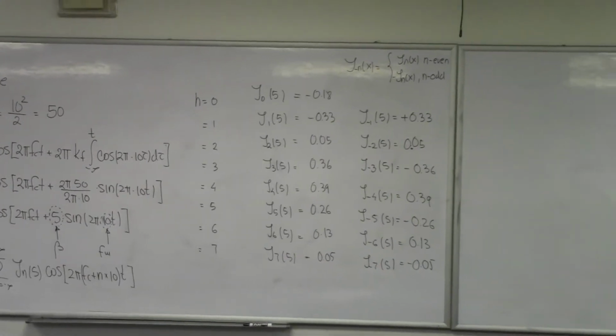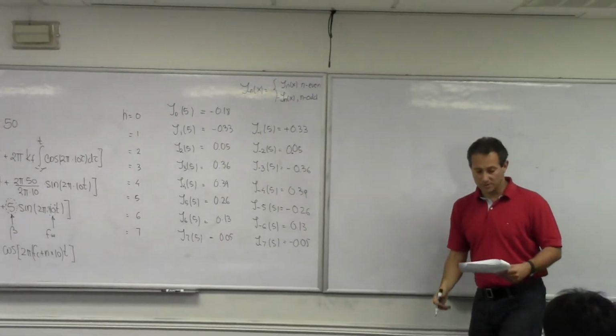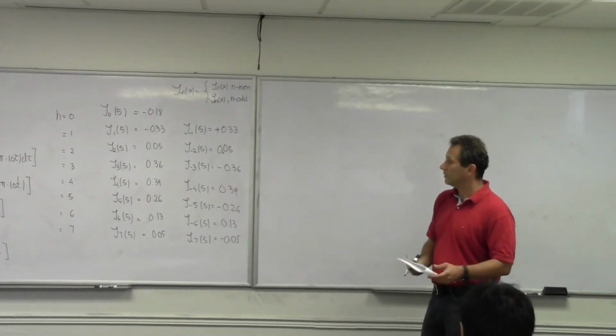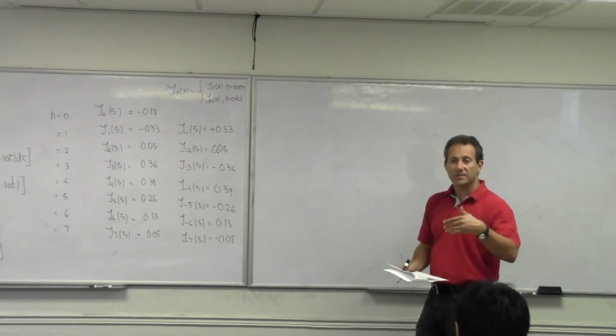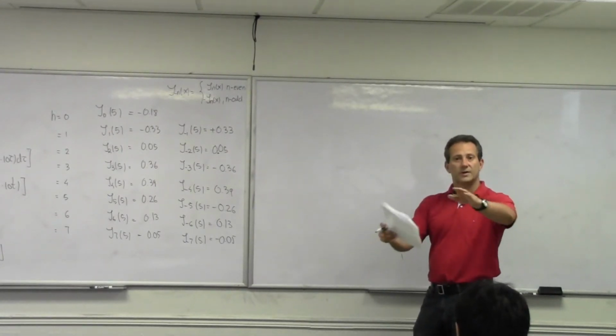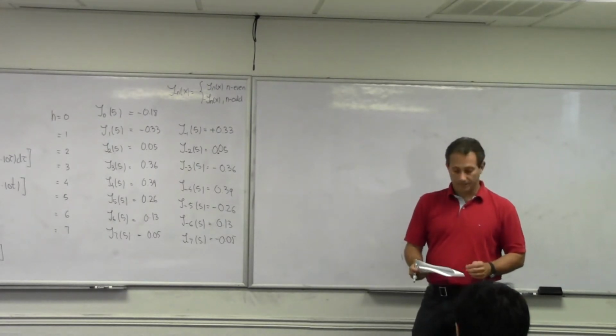I can start plugging in n, and I will get more and more of these components. But not all of them are going to be significant. As a matter of fact, as n increases, you've seen from the graph that all of these functions decrease. So eventually, the magnitudes are going to be very small.